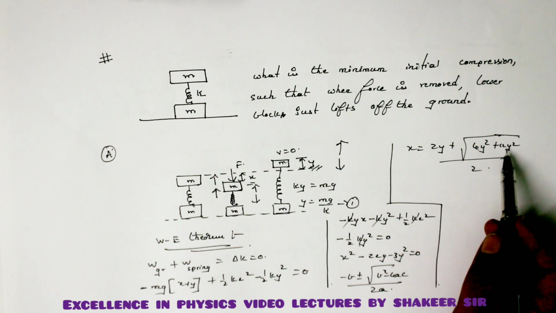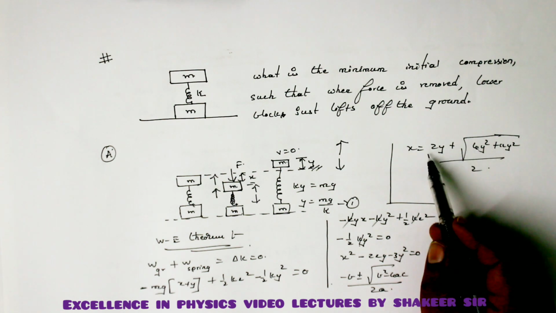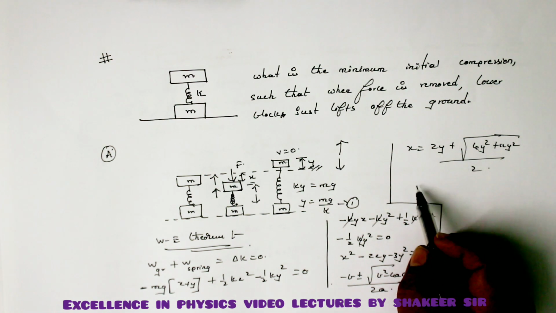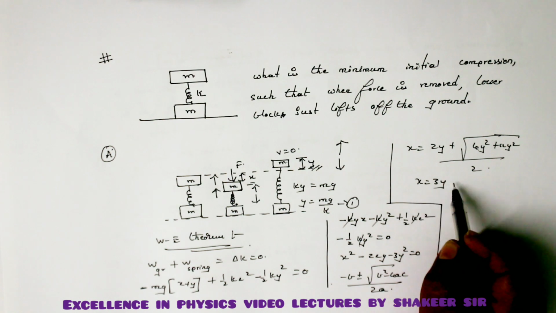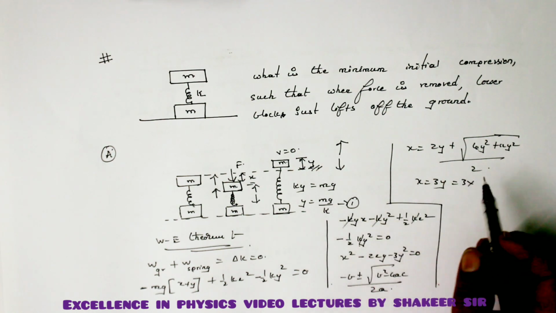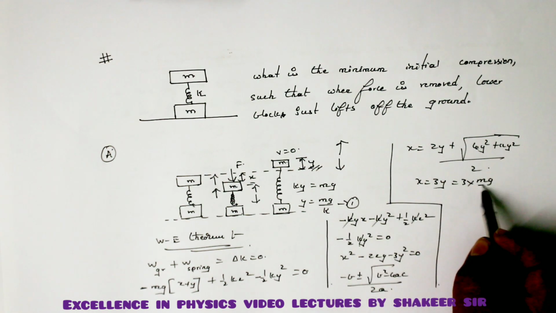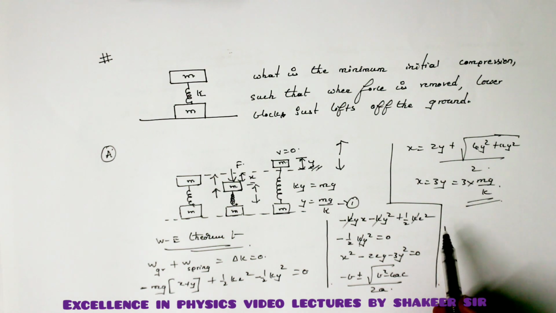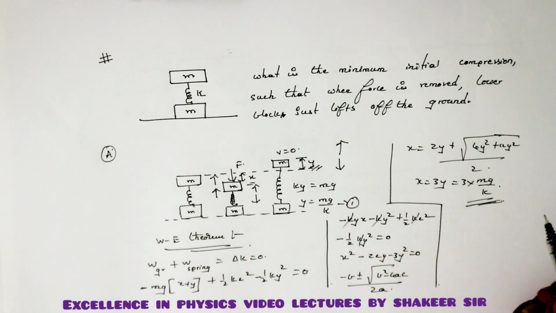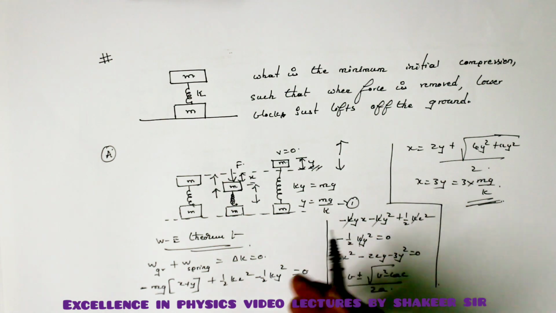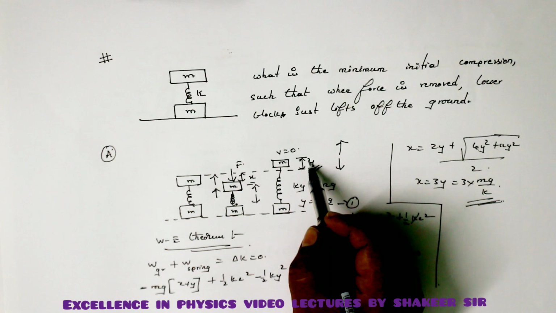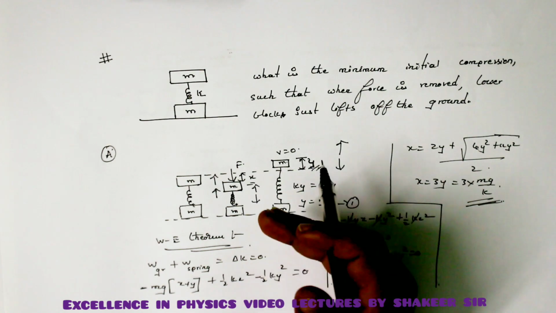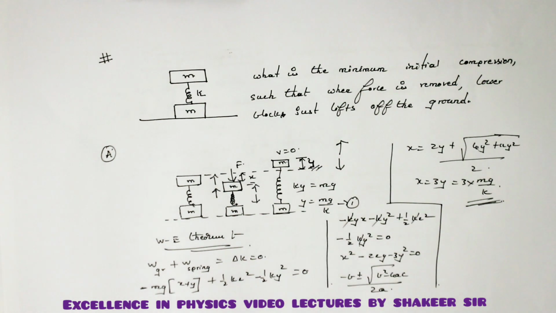So 16y square, so it will be 4y plus 2y, which is 6y, divided by 2, which is 3y. So x is equal to 3y. Putting in the y value we already got, which is mg divided by k, x is equal to 3 mg divided by k. This should be our answer for the initial compression, such that after traveling a distance of y, the restoring force produced in the spring should be able to just lift this mass upwards.